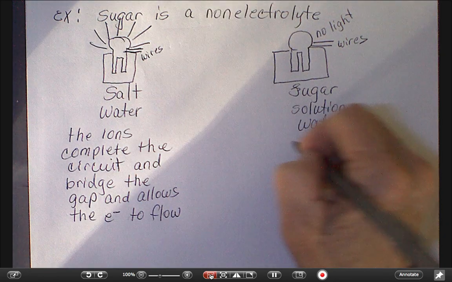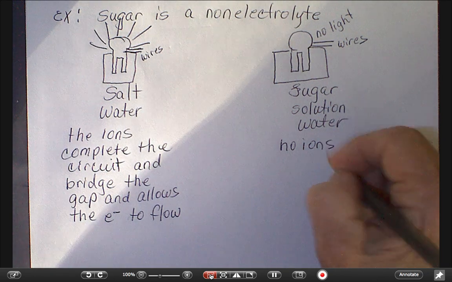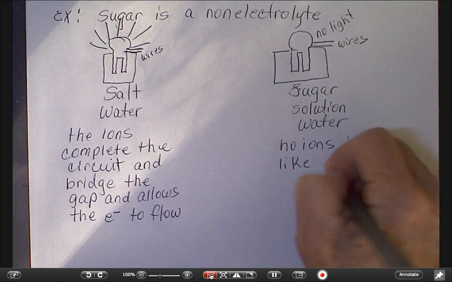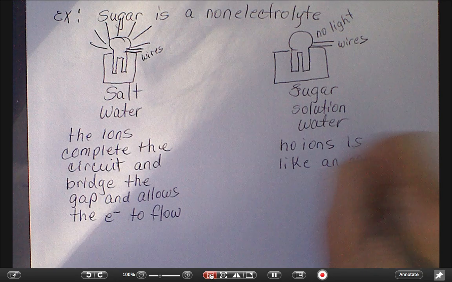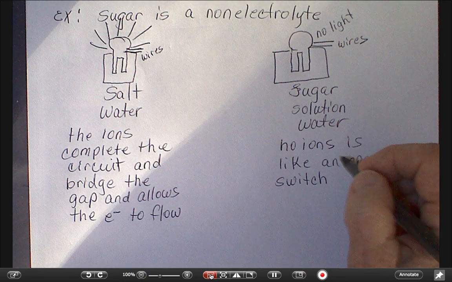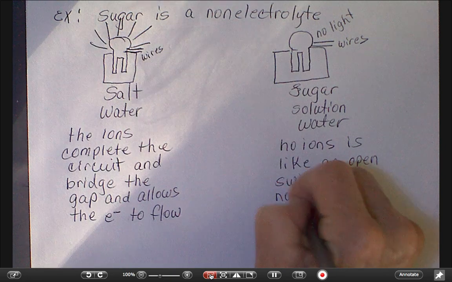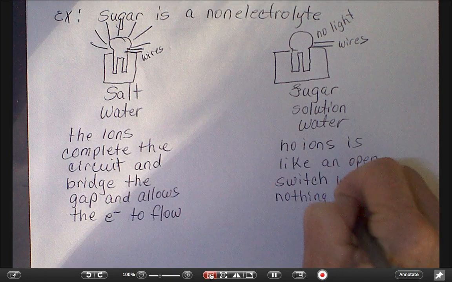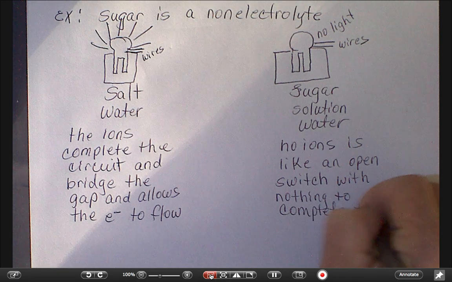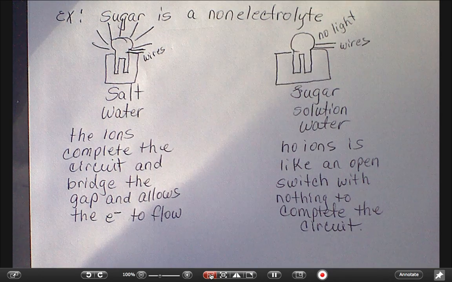Okay? No ions is like an open switch with nothing to complete the circuit. And we're done.